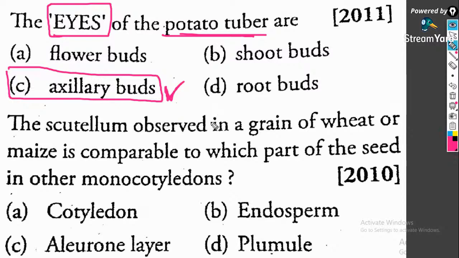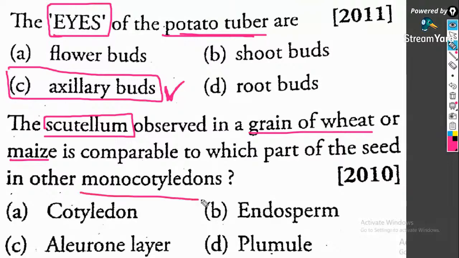Next question. The scutellum you have studied in the grain of wheat or maize is comparable to which part of the seed in other monocots? In maize grain only you will be seeing scutellum, right? So scutellum is equivalent to which part found in other monocots?